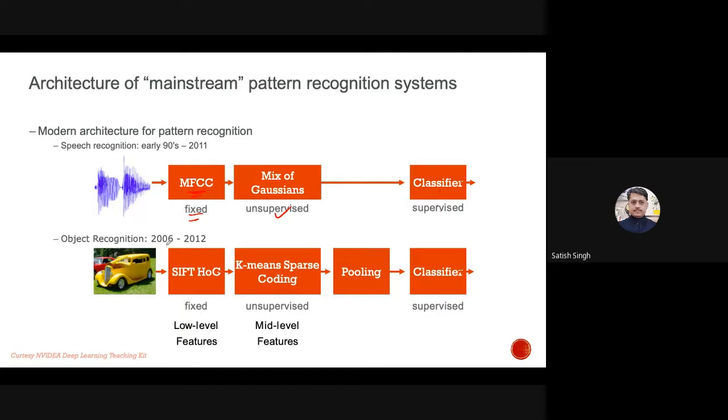In case of object recognition, SIFT or HOG type features were extracted. So these were low level features. Then K-means, sparse coding, slightly higher-level features were generated by some sort of clustering and selecting the most appropriate features by pooling, and then a classifier. So this was a typical learning-based block.